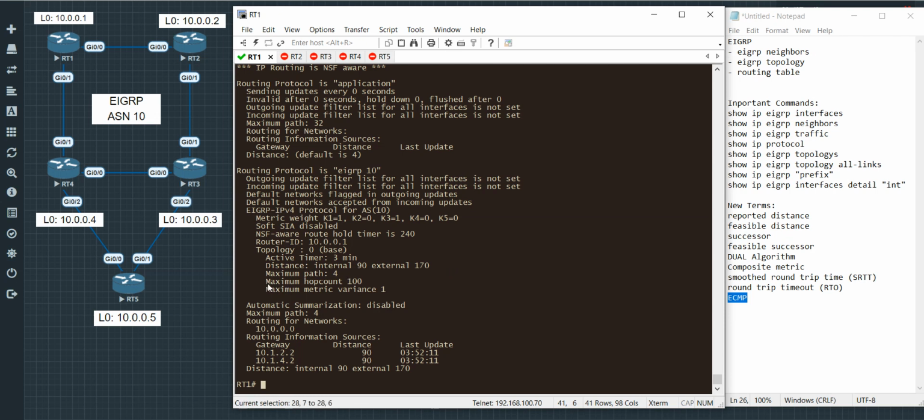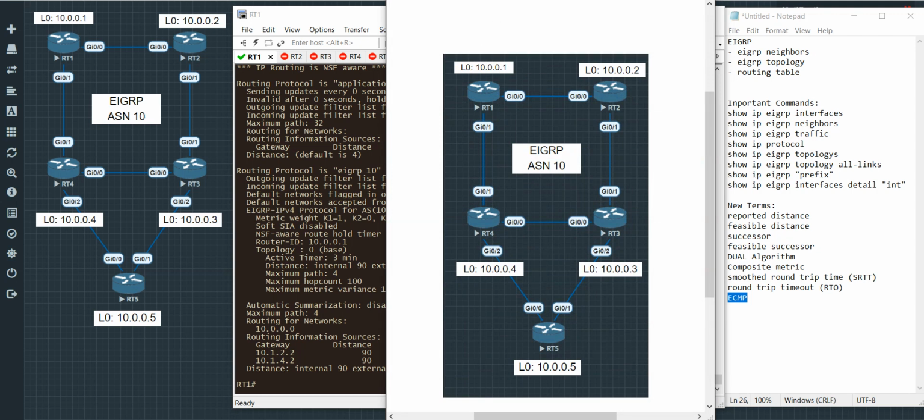The next value here is maximum hop counts. EIGRP keeps track of how many hops it takes to get to a specific route. So in our lab here, say for example, to get to router 5 here, it's going to count 1 hop. It's going to count 2 hops. So it's 2 hops to get here.